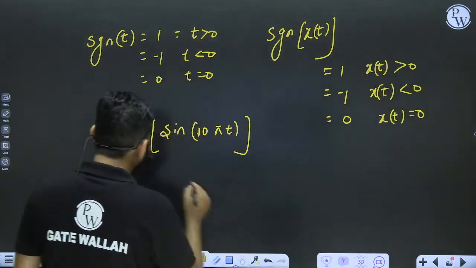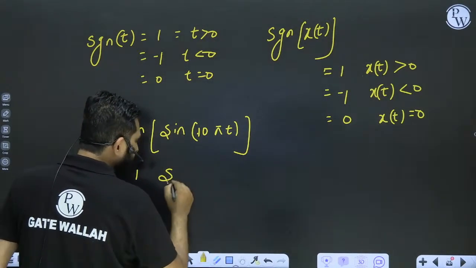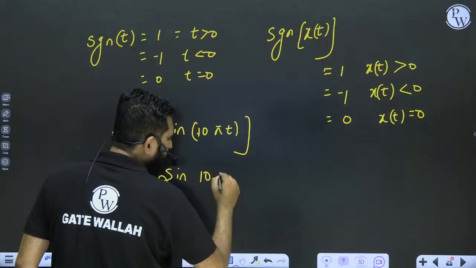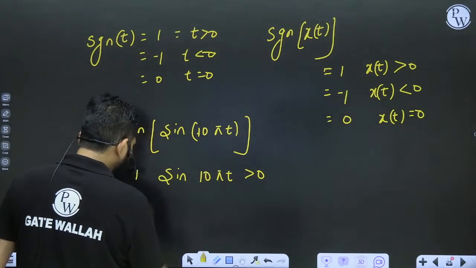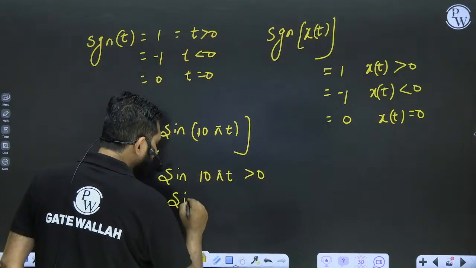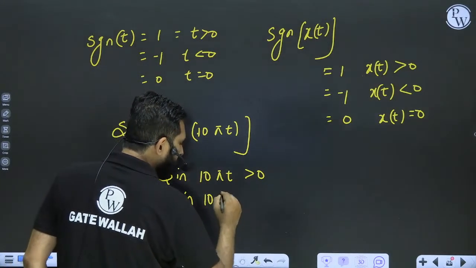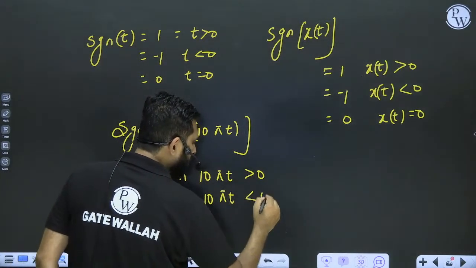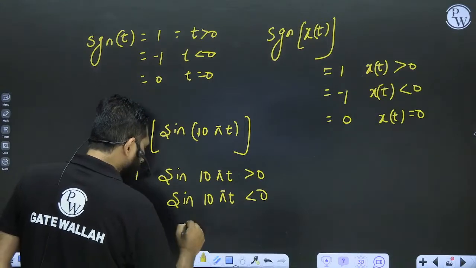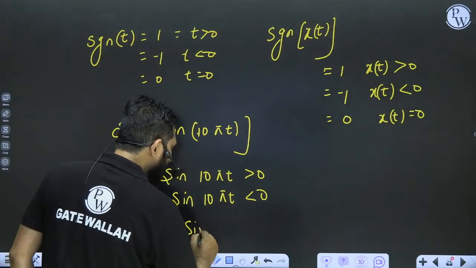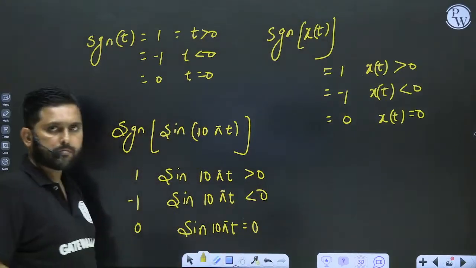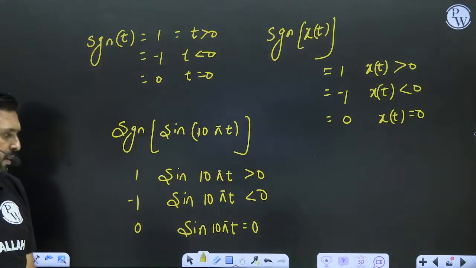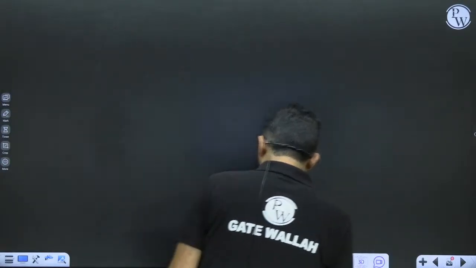It is 1 when sine 10 pi t is greater than 0. It is minus 1 when sine 10 pi t is less than 0, and it is 0 when sine 10 pi t is equal to 0. That's what the meaning is. So let's plot it.